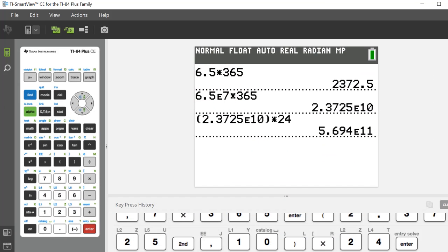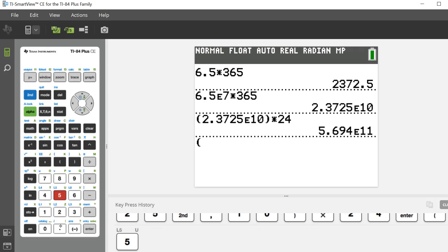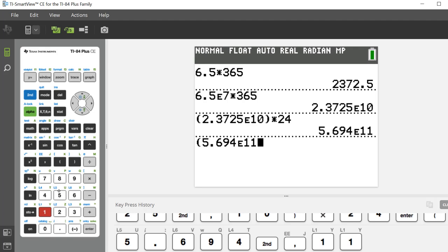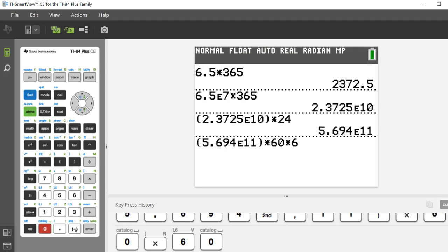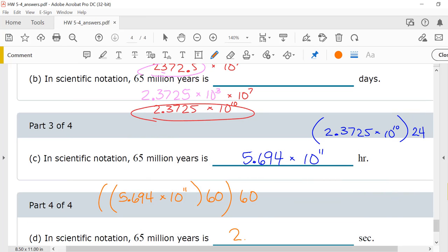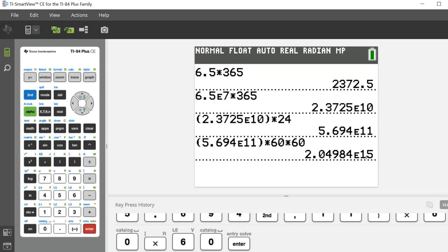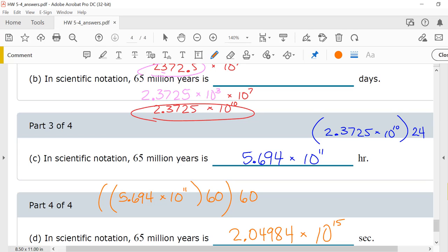So our final answer will be 5.694 times 10 to the 11th times 60 times 60. 2.04984 times 10 to the 15th. The dinosaurs became extinct this many seconds ago.